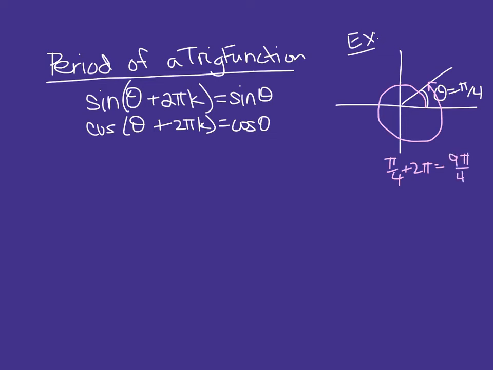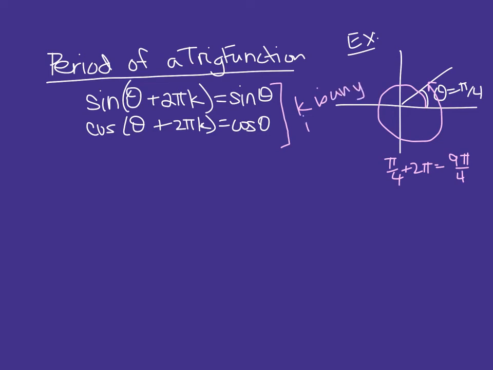If you take the sine and cosine of 9 pi over 4, you get the exact same value. And that's going to happen no matter what if you have any integer multiple of 2 pi. It also happens with negative numbers, so keep in mind that k is any integer here.